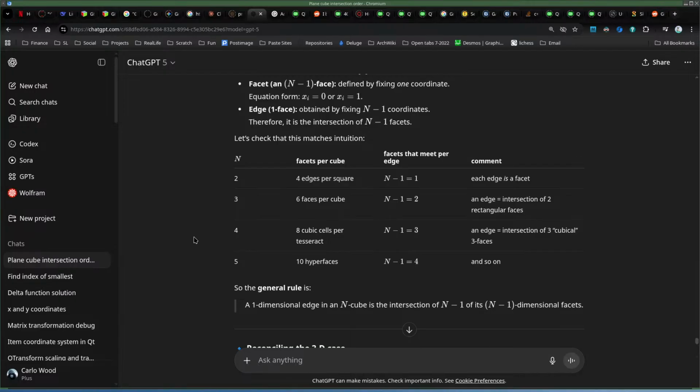Basically, that axis is then the coordinate that you fix at either 0 or 1, leaving you with an n minus 1 dimensional outside, and from now on I'll call that a facet. In other words, facets are n minus 1 dimensional outsides, and a cube has 6 of those facets, or faces as they are called for a cube.